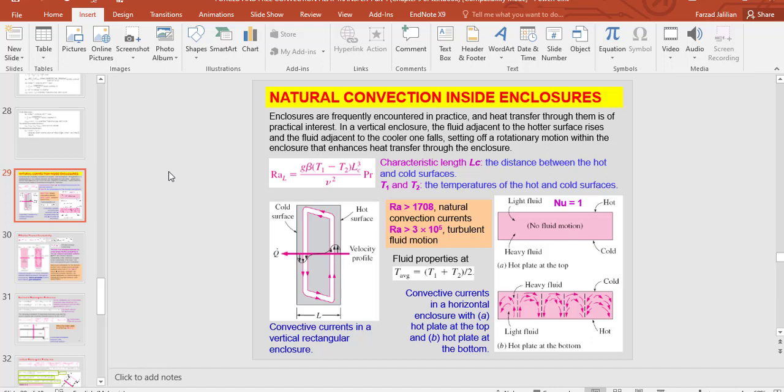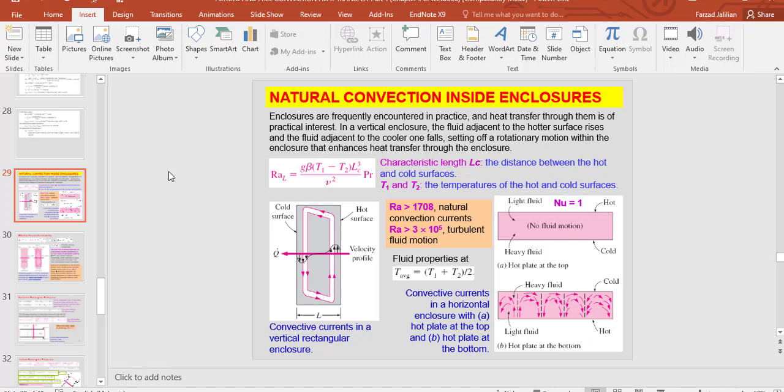We introduced different types of convection, which we classified in terms of the fluid flow, around something or in something, and we categorized it as internal flow, external flow, and also forced and natural convection.